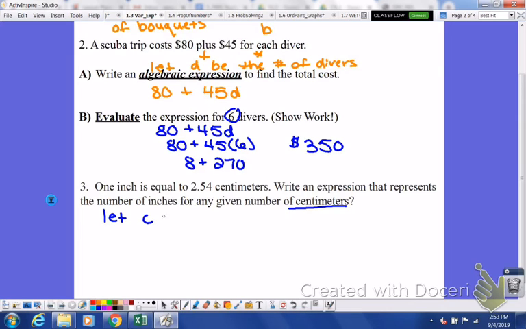Let C be the number of centimeters. And it's 2.54 centimeters per inch. So per tells us that we multiply. So 2.54 C. And there's our expression. It didn't ask us to solve anything.